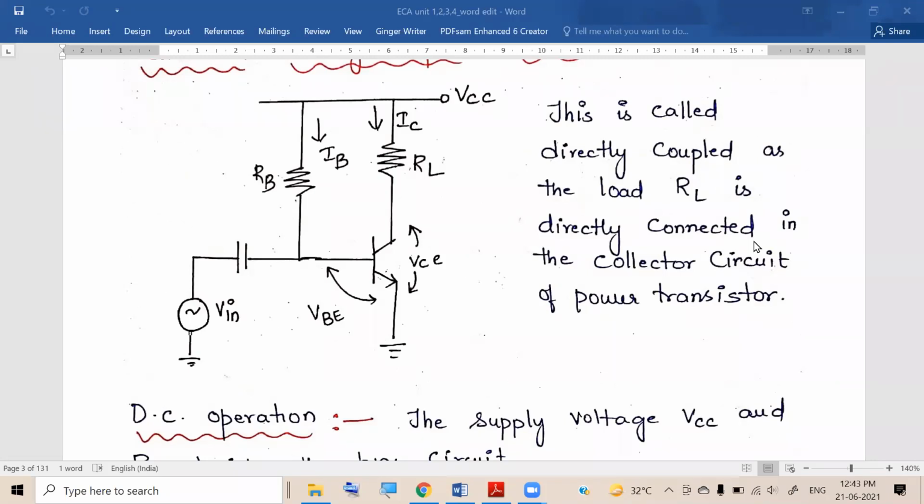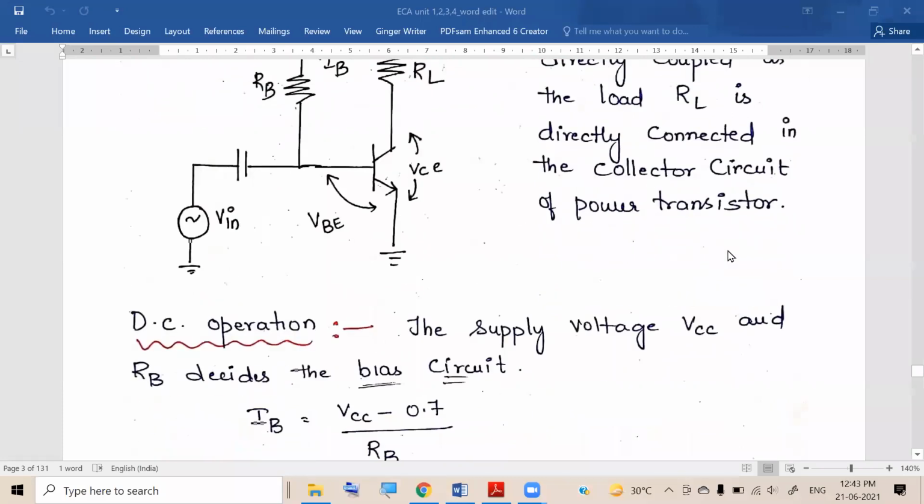AC power by DC power into 100. Very good. But whether it is input AC power or output AC power, whether it is input DC power or output DC power, based on that give the answer. Output AC power by input DC power into 100. Perfect.